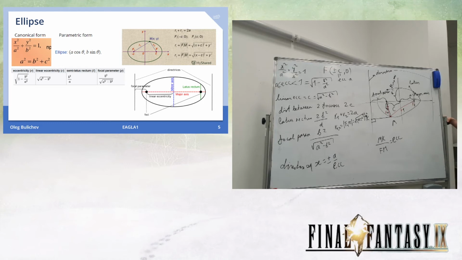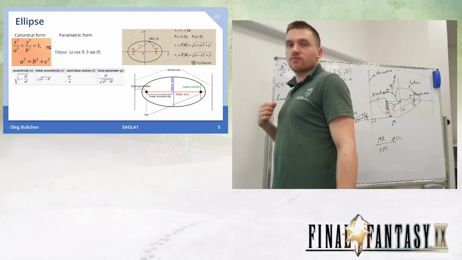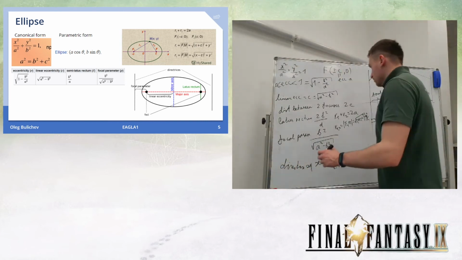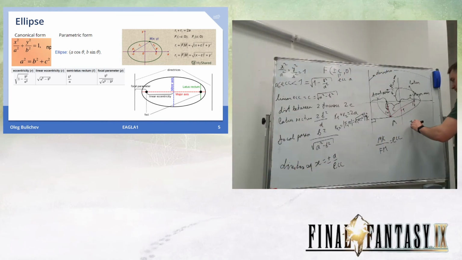What else? What do you know? How to find this? Plus minus a, 0, or 0, plus minus b. Again? A, 0 or minus a, 0. Plus minus a, 0 and 0 plus minus b.